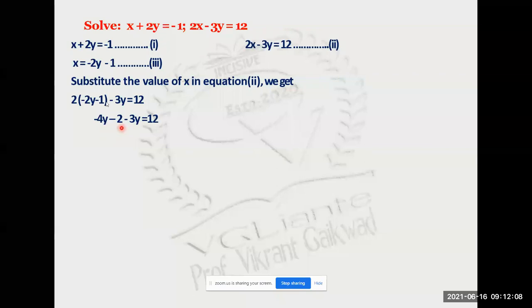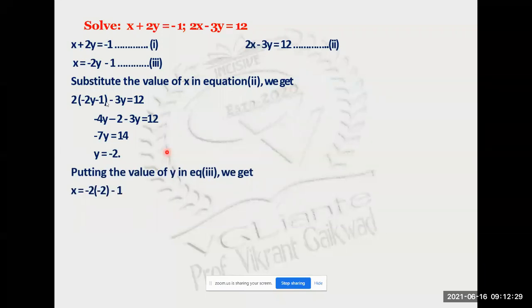So now, solving this, minus 4y minus 3y is minus 7y, equals 14, because minus 2 goes to the other side. So y equals minus 2. Putting this in equation 3, you get the value of x.